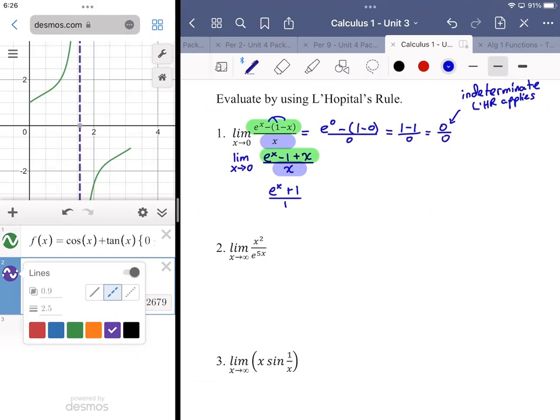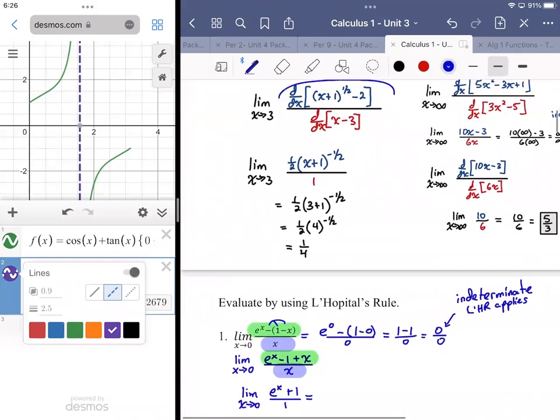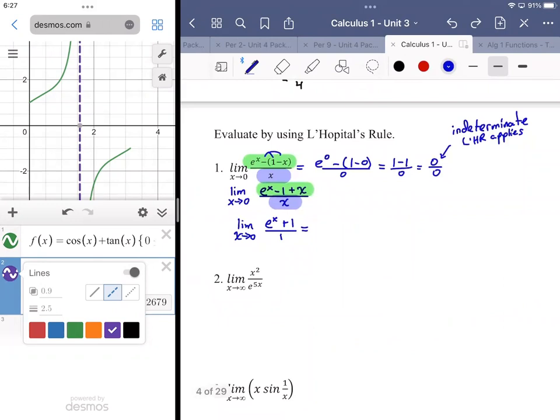So we're differentiating each part of the fraction and then reapplying the limit. You see I'm using a more shorthand approach. In the previous problems, I showed you how I was differentiating the top and differentiating the bottom in separate steps. That's an extra step that's not really necessary. You can just do it as opposed to stating that you're going to do it. But at least for this one time, I'll throw in that step.